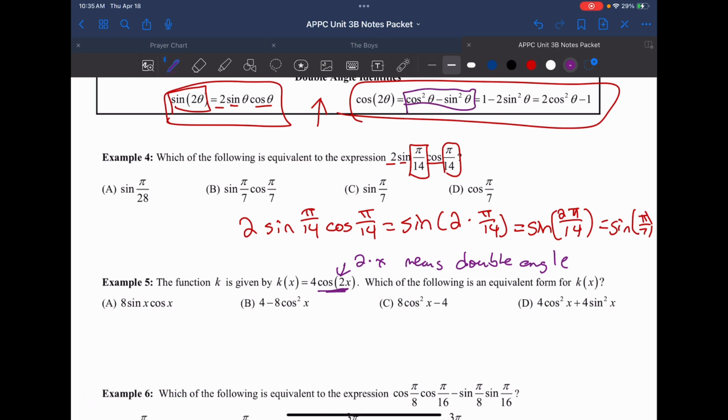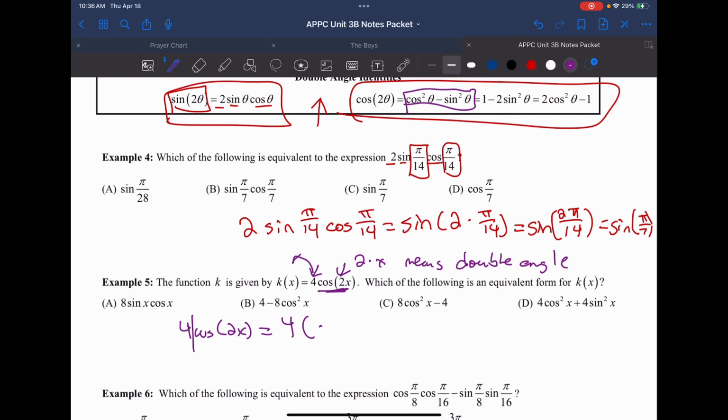And notice here, the weird thing is that I have a 4 right here, okay? So I'm going to take the 4 out and just multiply it at the end. So what do I mean? 4 cosine of 2x equals 4 times, I'm going to separate these and just do cosine of 2x in parentheses.